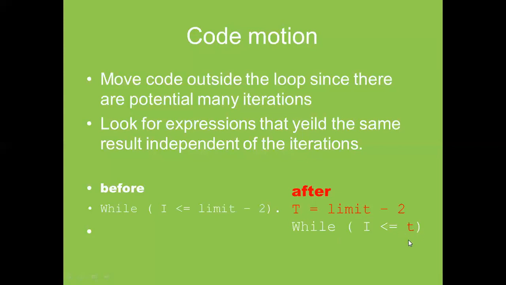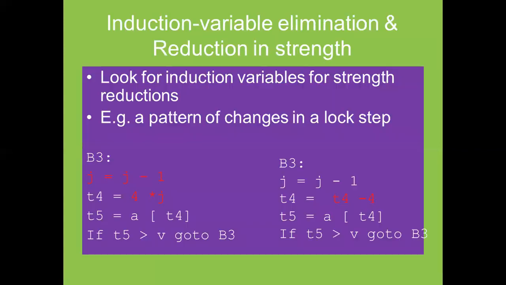You are not running your loop up to limit minus 2 each time, but applying a new condition, i is less than or equal to t. In this case we reduce some number of iterations, so we optimize the condition.